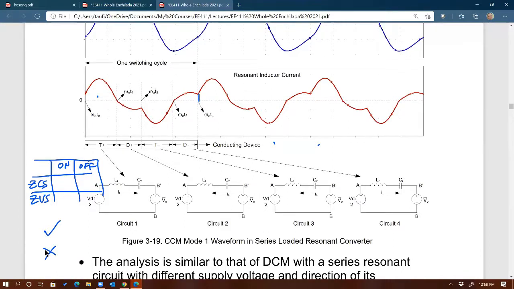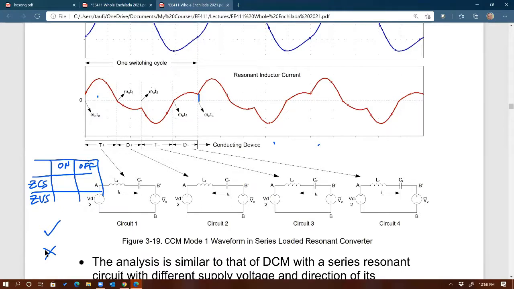Okay, so let's do turn on. Do we have zero current switching at turn on? No. Why not? Current's not zero.